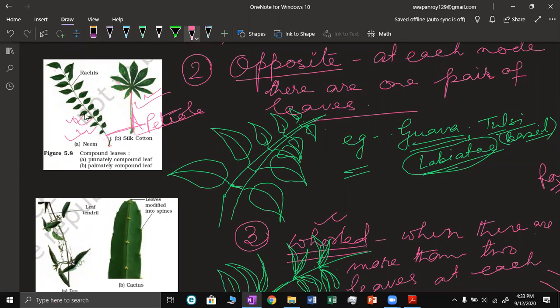This petiole is common for all the leaflets. So we call the midrib the rachis, and these are leaflets. This is a leaflet, this is a leaflet, this is a leaflet. Their leaf lamina is also known as pinna, and sometimes it is known as pinnule.